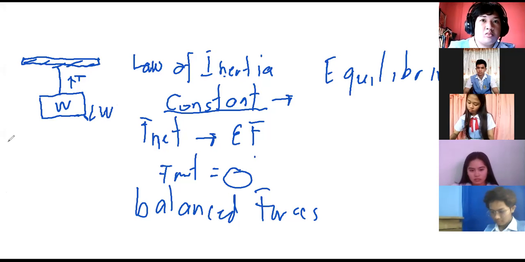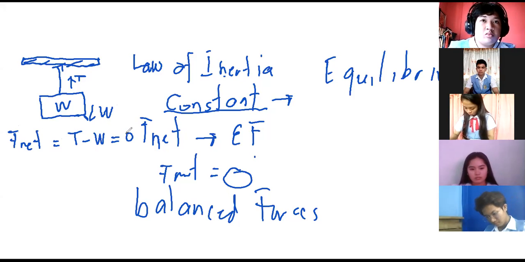So if we sum up the forces here, the net force will be tension minus the weight equals 0. Why do we subtract? Because the direction of the weight is downward. Remember our lesson in vector analysis, components of a vector.